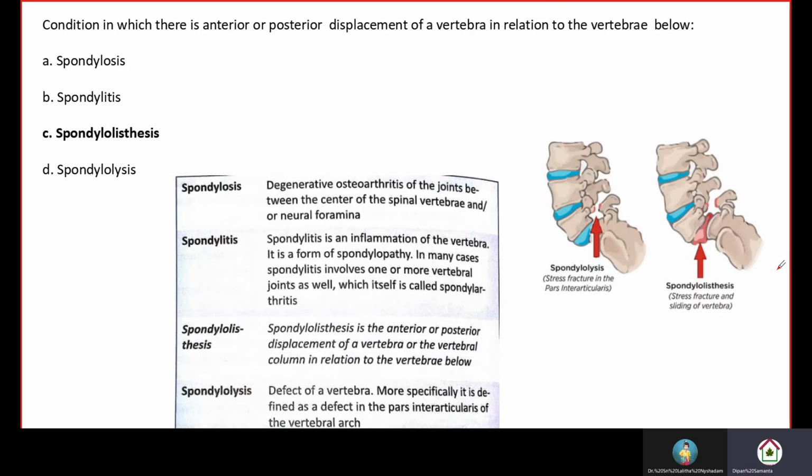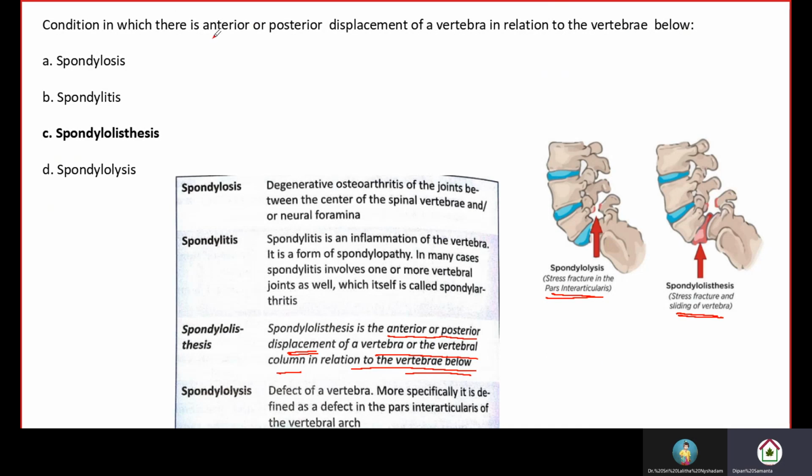It is an anterior or posterior displacement of a vertebra or the vertebral column in relation to the vertebra below. Spondylolysis is a stress fracture in the pars interarticularis, while spondylolisthesis is a stress fracture and sliding of the vertebra.